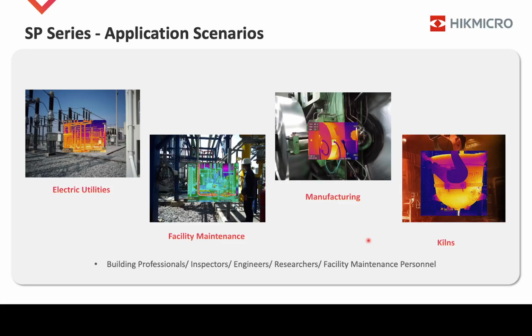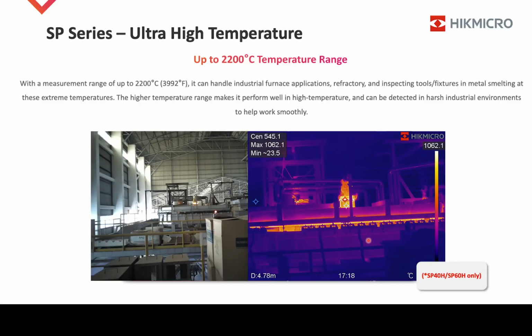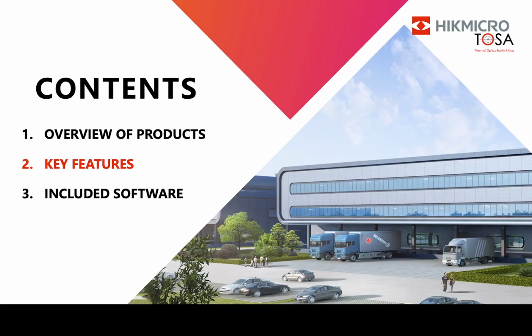On the far right hand side you can see a kiln, and the SP series is particularly suited to that because in this series we have a high temperature capable device as well. There you can see the SP series can measure up to 2200 degrees C, and you can see a factory there with a kiln and the person zooming in on the kiln using the SP series.